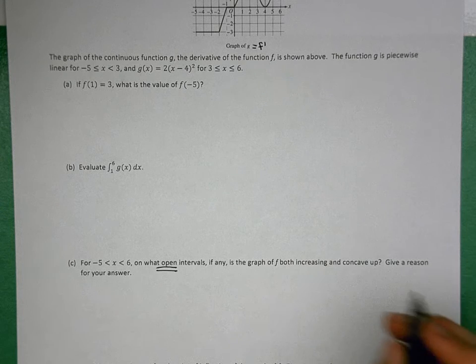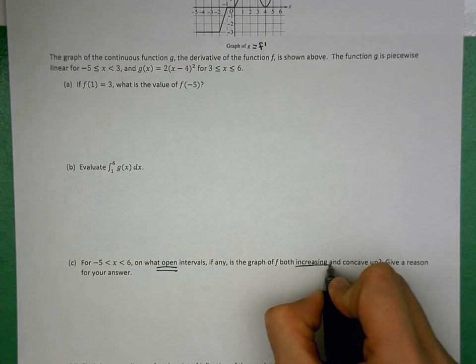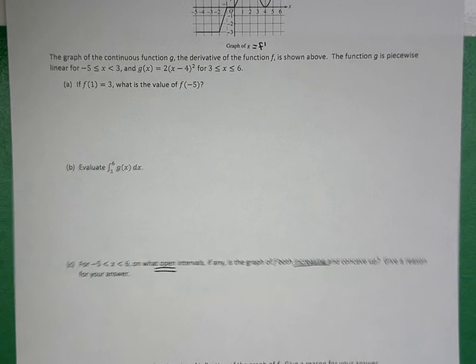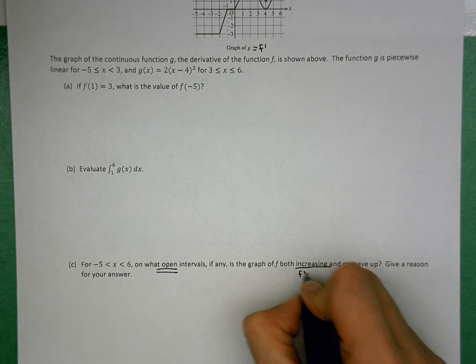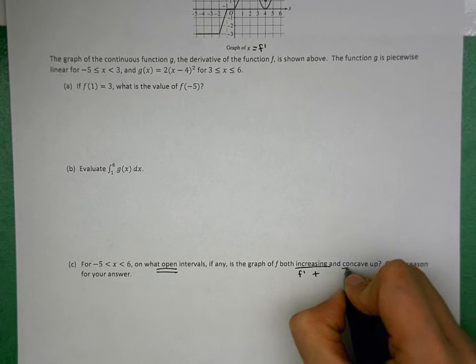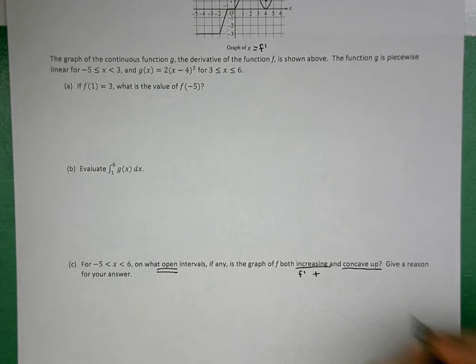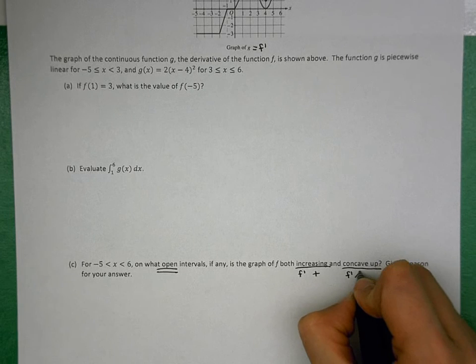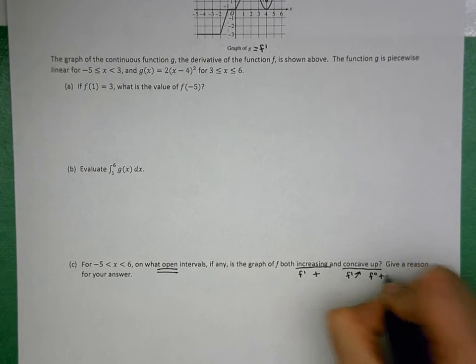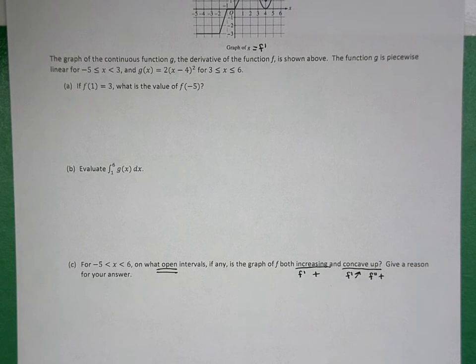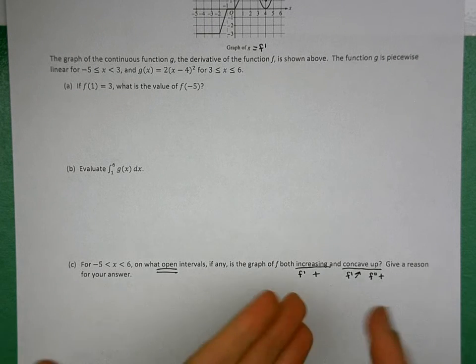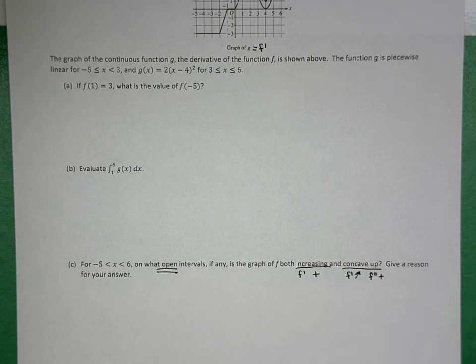Okay, so what does it mean for f to increase? Okay, well that means f prime is positive. What about concave up? f prime is increasing, f double prime is positive. We've got our little table that we wrote down for that, right? Okay, and so that's what I need to see both increasing and concave up. Okay, well what kind of graph do I have here?